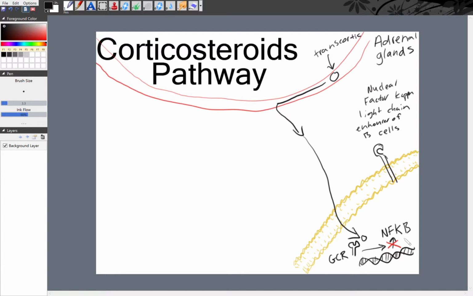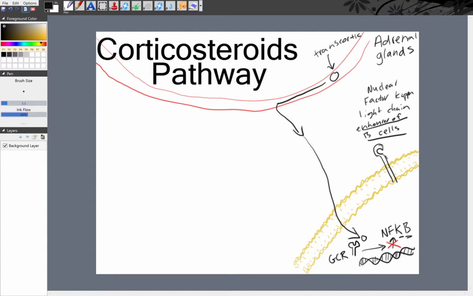So that's where this B comes from, and that's where this K comes from, the kappa. And it's a nuclear factor, because it's in the nucleus of the cell. So the glucocorticoid is going to prevent this NFKB, which is a pro-inflammatory thing that enhances the activity of B cells, which is an inflammatory response.